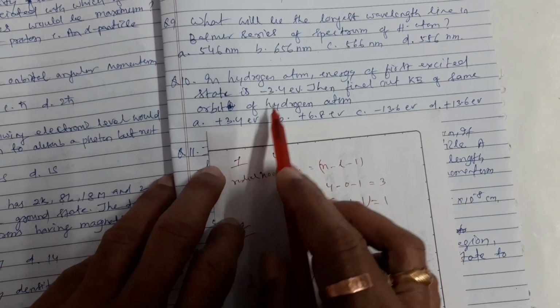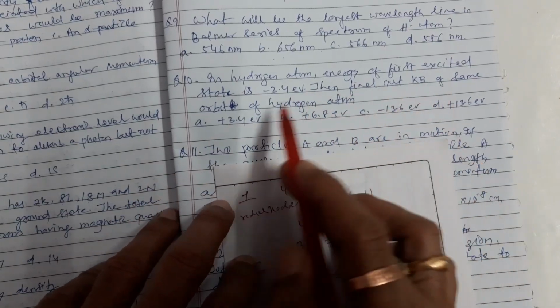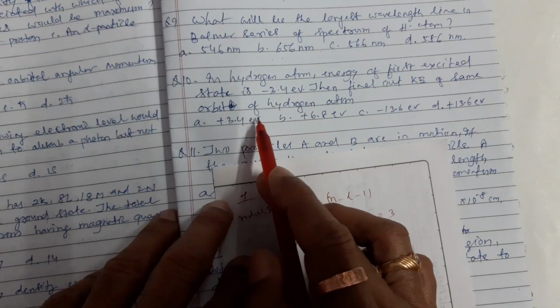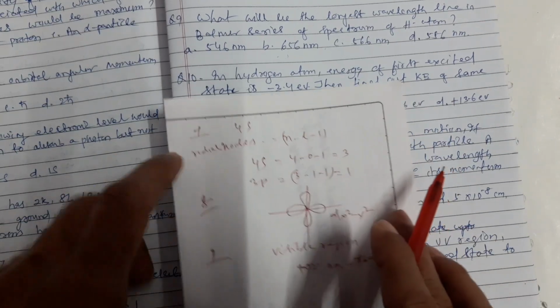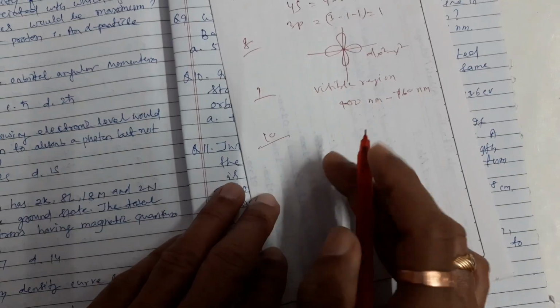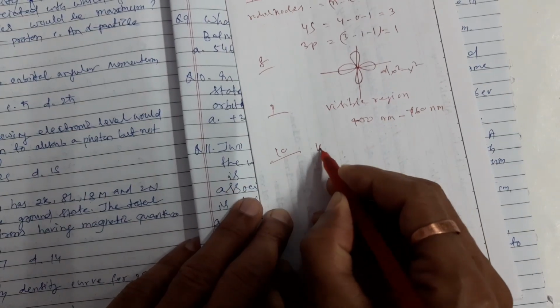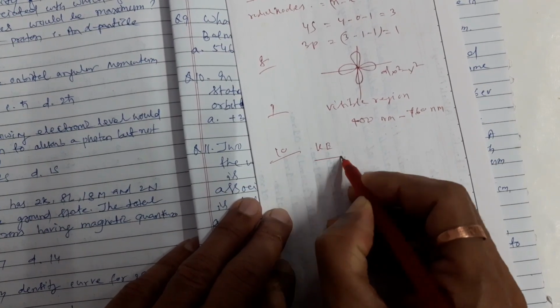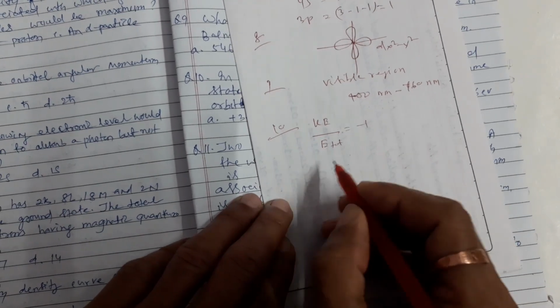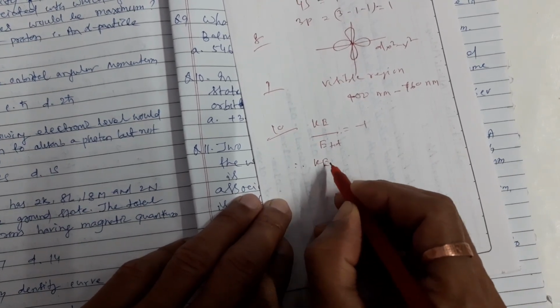Next, in hydrogen atom, the energy of the first excited state is this much. Then find out the kinetic energy of the same orbit of hydrogen atom. You see question number 10. Okay, so you know kinetic energy by E total is equal to minus 1.